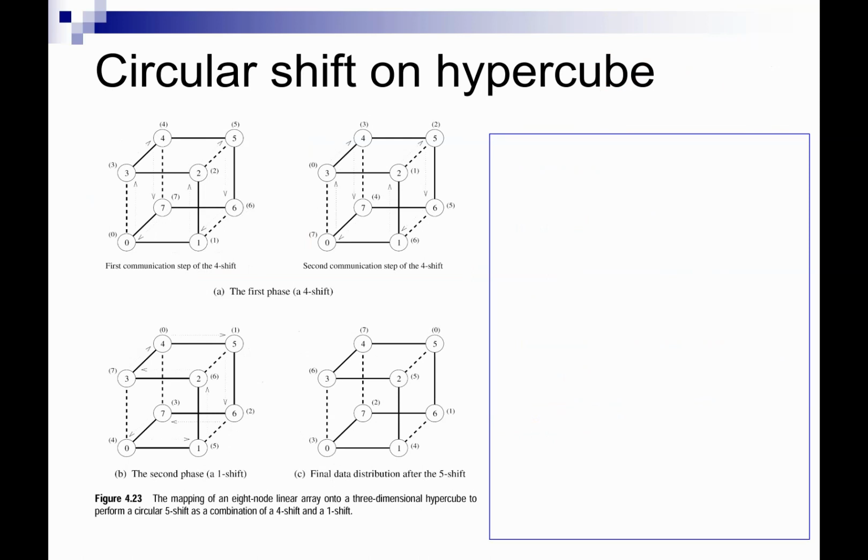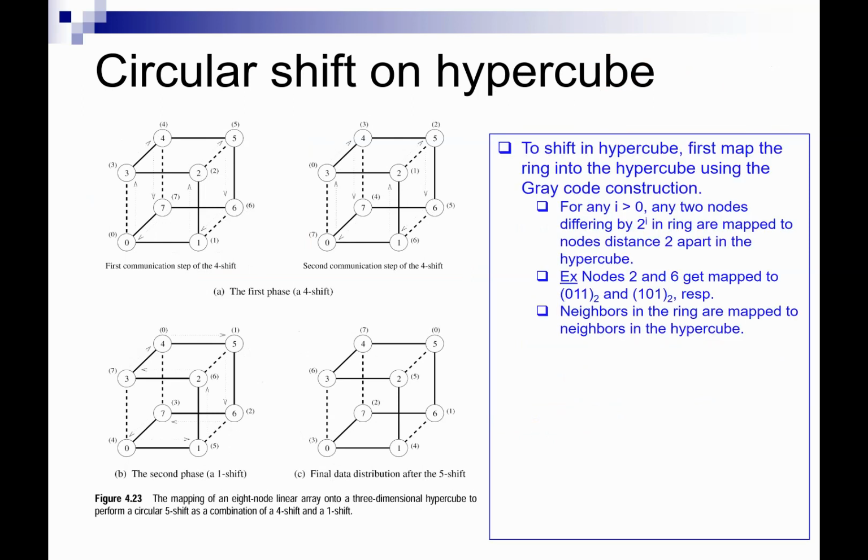Okay, so one final algorithm, which is how to do a circular shift on a hypercube. What we're going to do here is use, remember that from an earlier lecture, we had a mapping from a ring into a hypercube, and the way we did the mapping was using gray codes.